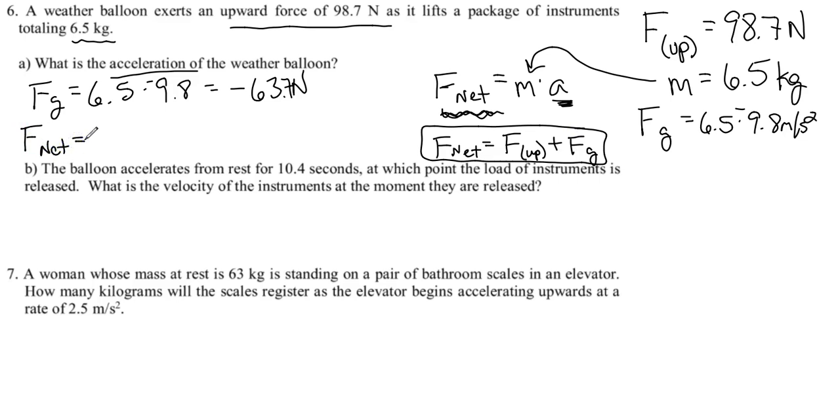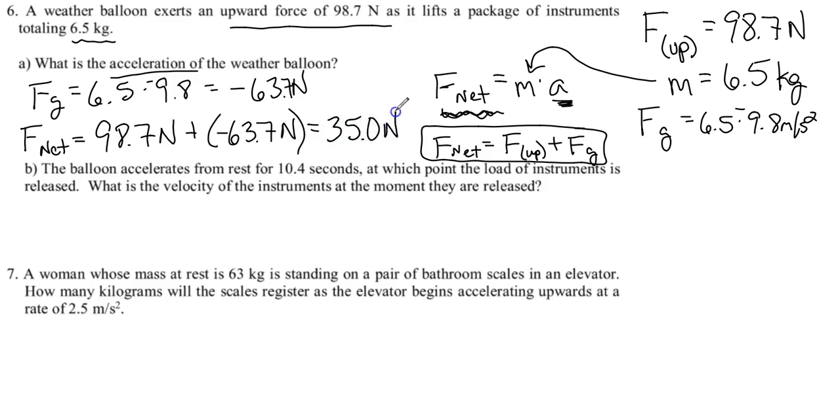Now if I plug that into my net force, F net is equal to my upward force, 98.7 newtons, plus negative 63.7 newtons, which gives me a net force of 35.0 newtons. My mass is 6.5 kilograms.